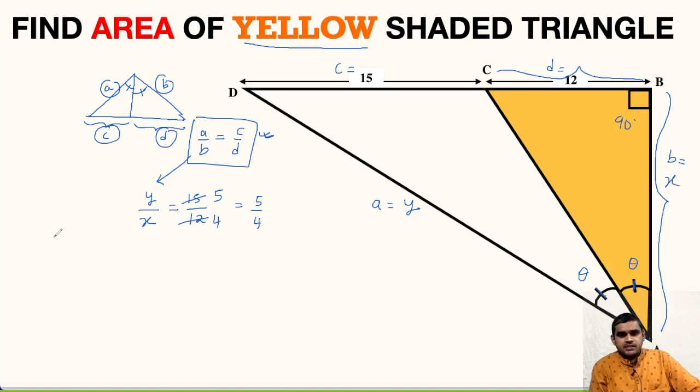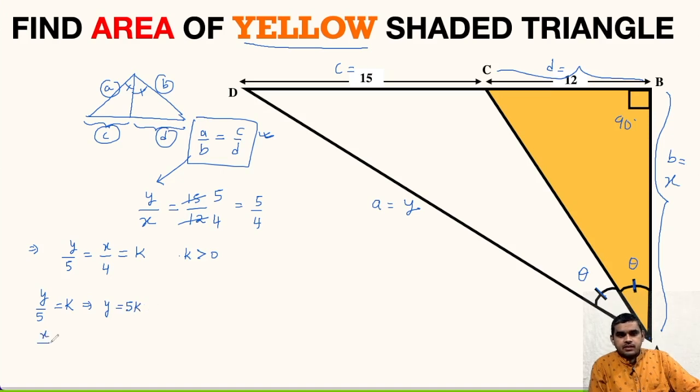Now this expression can be rewritten as y upon 5 equals x upon 4, and let us equate it with some constant k, where k is greater than 0. Now from here we can write y by 5 is equal to k, so y equals 5 times k.